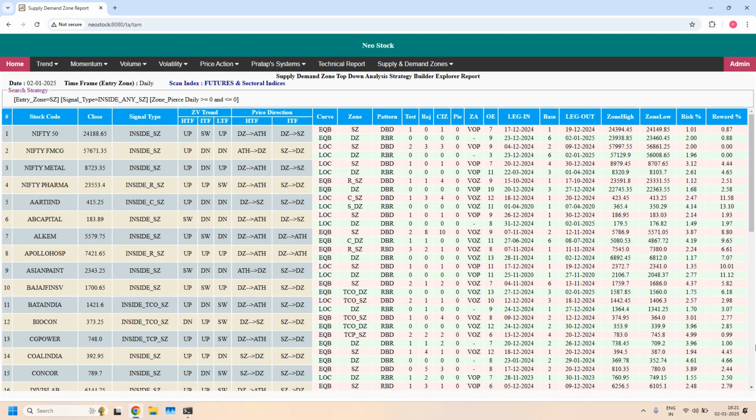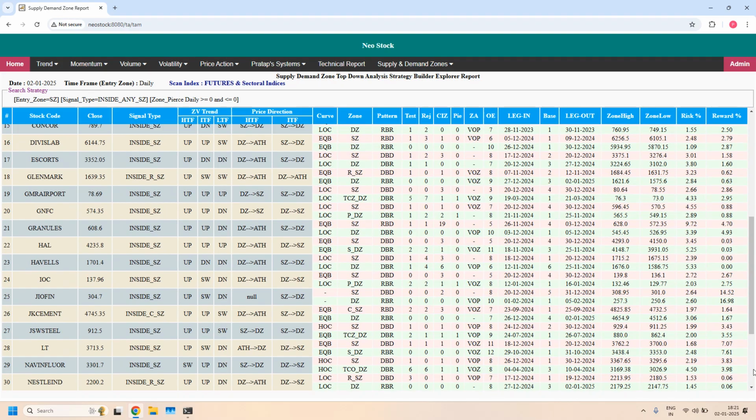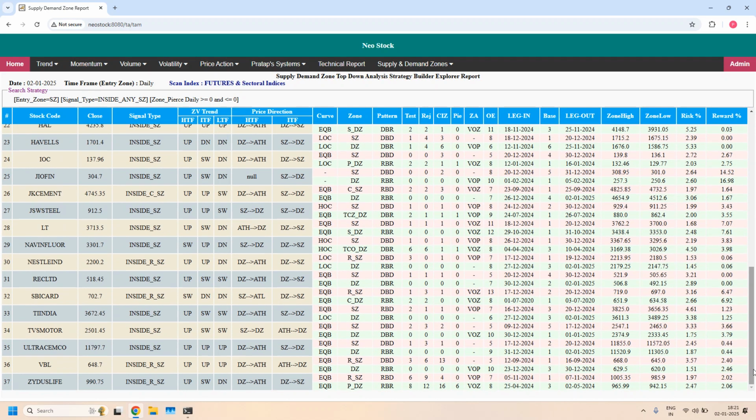First 15 stocks in the list where price closed inside the daily supply zone. I am scrolling the list down. So total 37 stocks are filtered where price closed inside the daily supply zone.